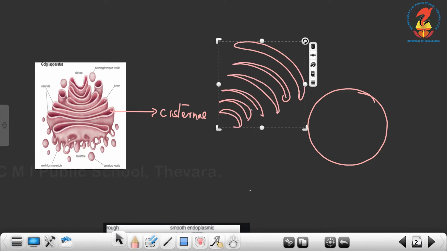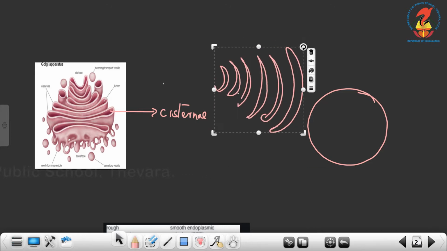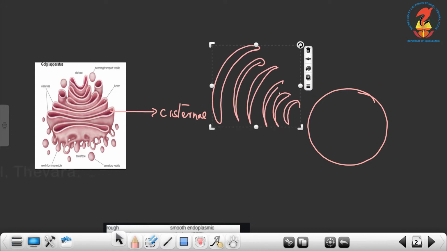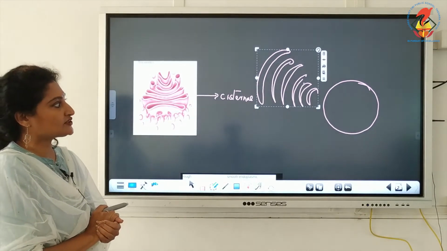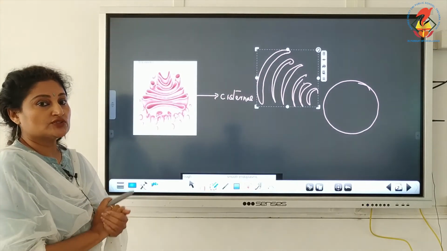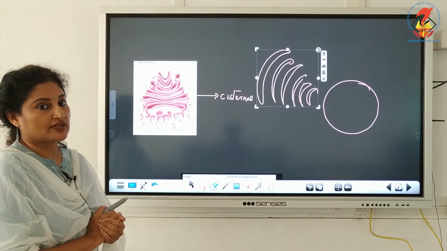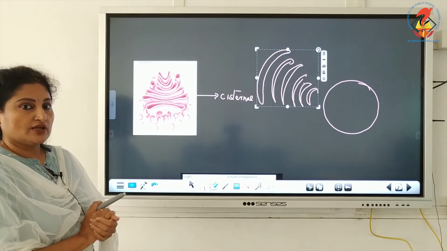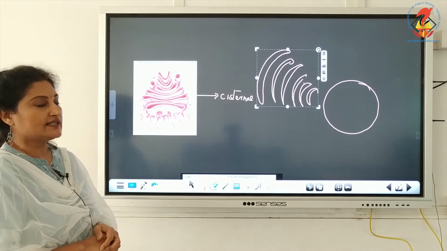It cannot be like this. It should be like concentric circles with respect to the nucleus. And another thing you should keep in mind, it is also found closely associated with the endoplasmic reticulum. Whether it is RER or SER, it is physically close to the RER and SER.